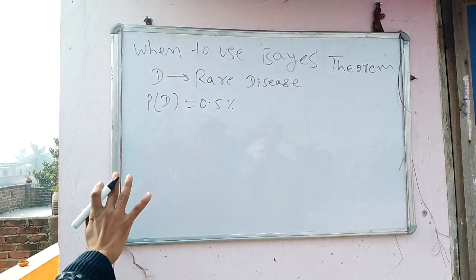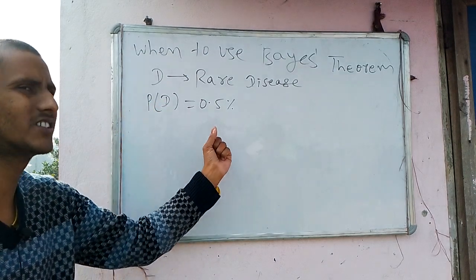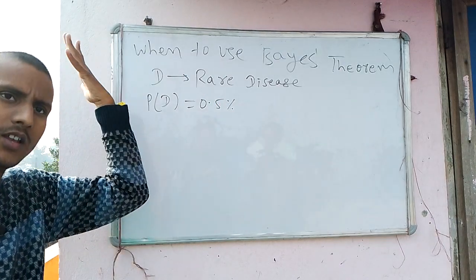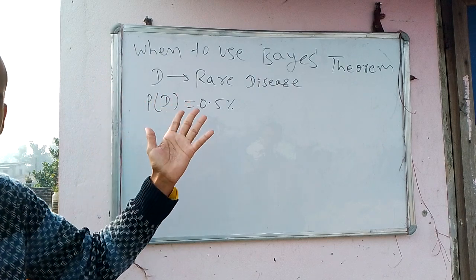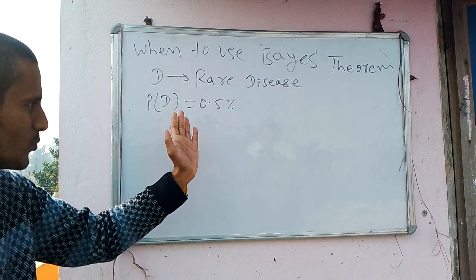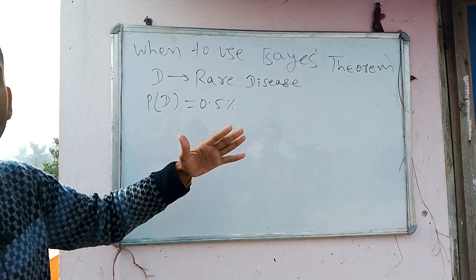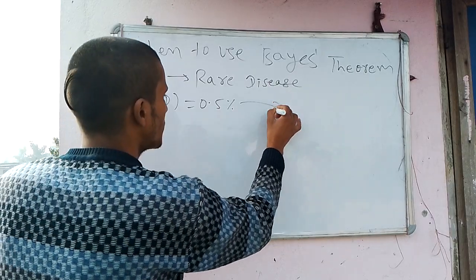Let's make up that figure. How do we come up with this? Let's say in the population 0.5% of the people have the disease, so you have a probability of getting the disease of 0.5% initially. This is known as your prior probability.